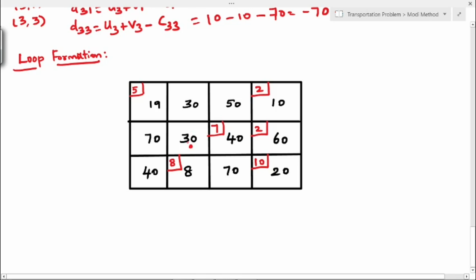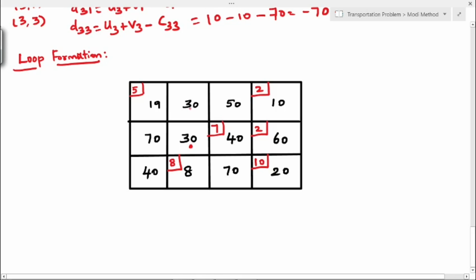For forming a loop we go either upward or downward or right or left, but we should not go diagonally, and we have to move only to the occupied cells. From this unoccupied cell we can go only to the occupied cells.